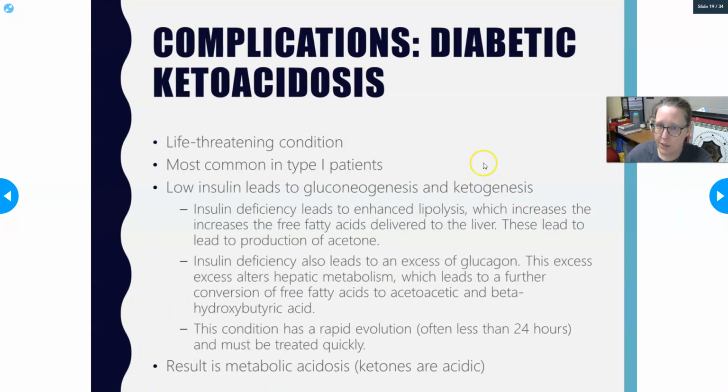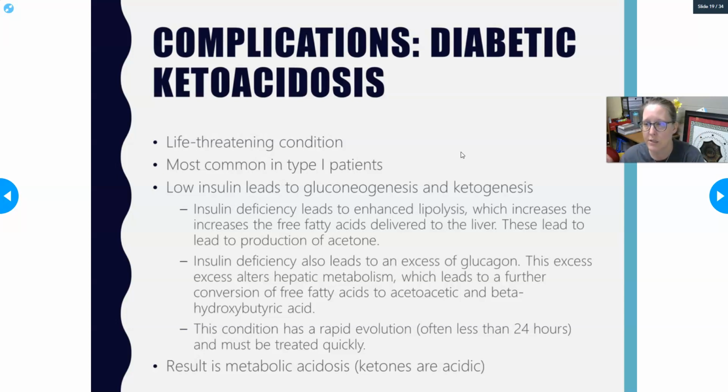So the next complication can be diabetic ketoacidosis. It's a life-threatening condition that is most common in type 1 diabetic patients. Again, as we saw, low insulin will lead to gluconeogenesis and ketogenesis, because if there's no insulin, they cannot use the glucose, and so the cells think that there's no glucose, so the liver's going to make more from non-glucose sources.